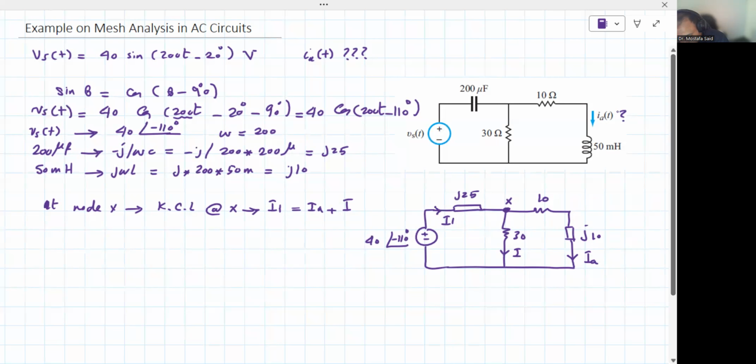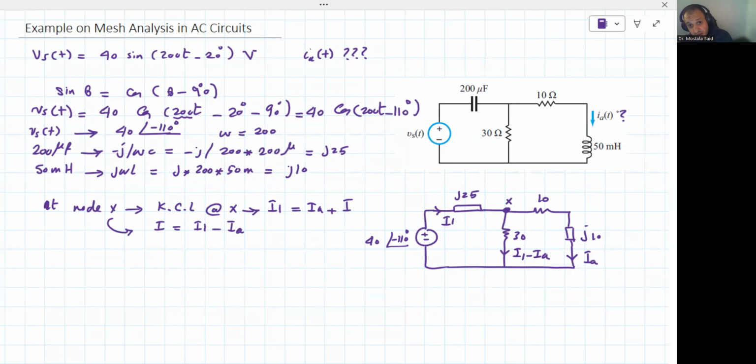From that, we can say that IA equals I1 minus I2. I'm going to write directly on the circuit IA as I1 minus I2, just to reduce the number of unknowns that we have.